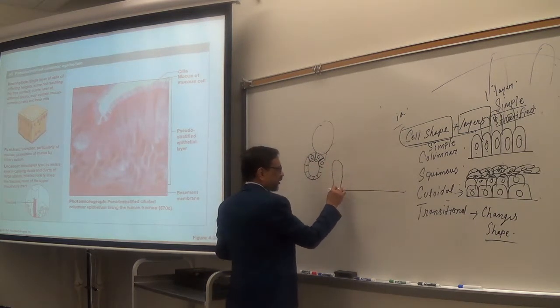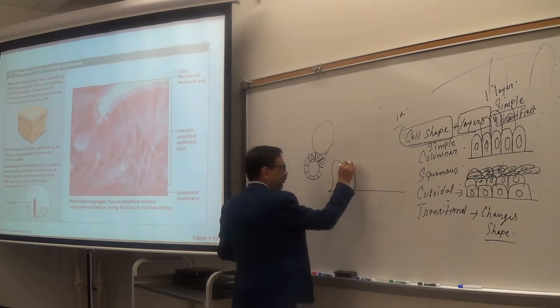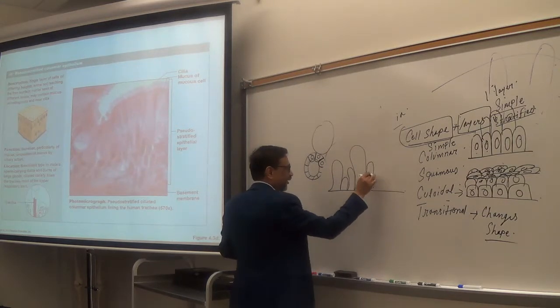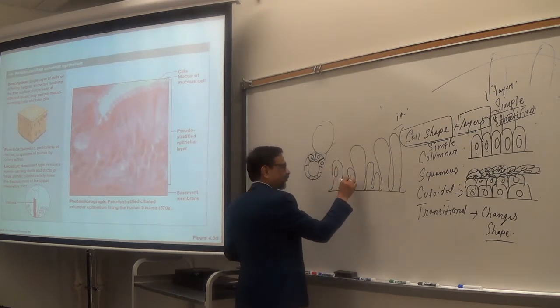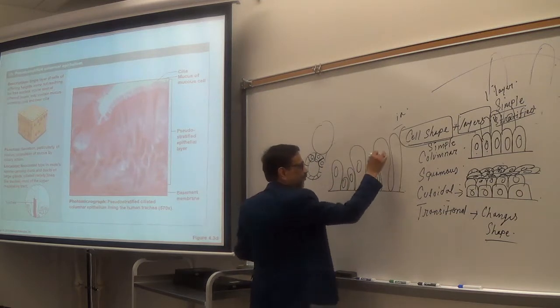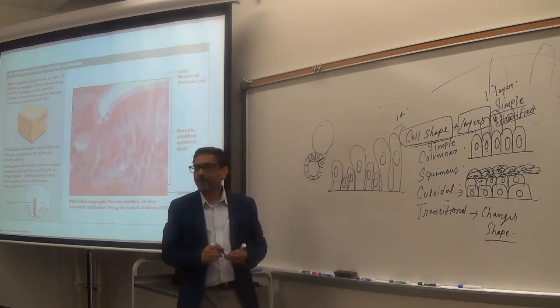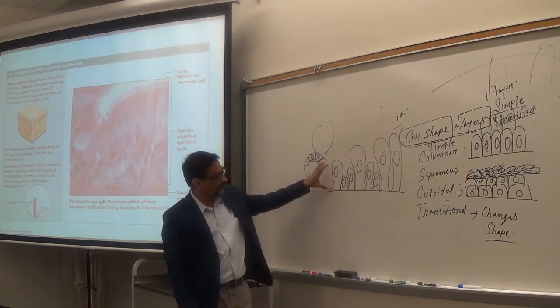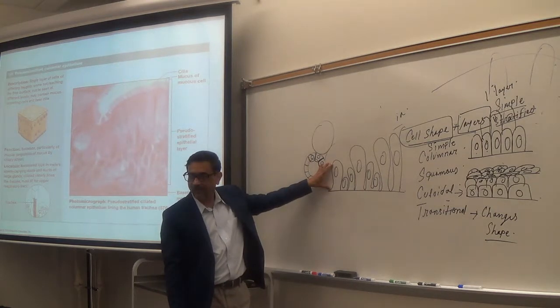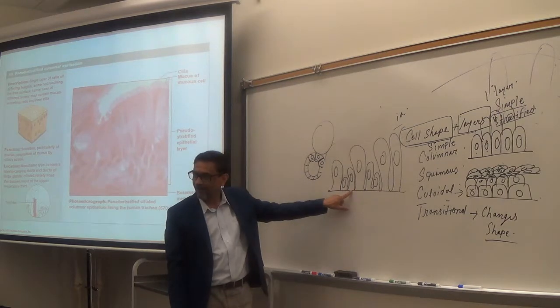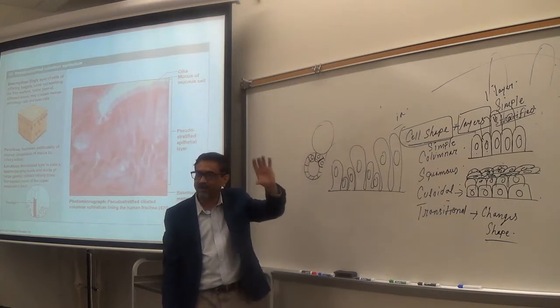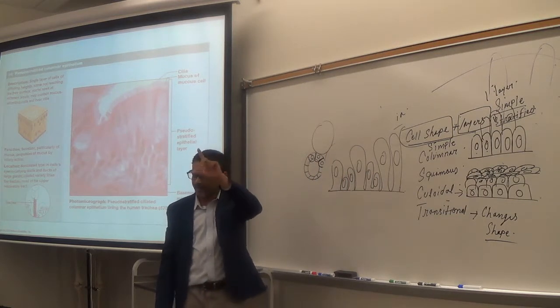If you see this tissue under the microscope, you'll see the cells are like this, nucleus. Now you tell me, this cell is what? Columnar, right? This one also? This one also? Columnar. But the height is different, right? Although all these cells are columnar, their height is what? Different.